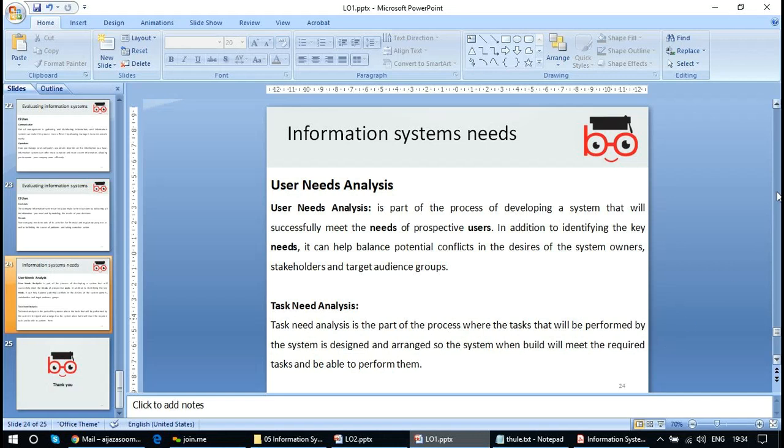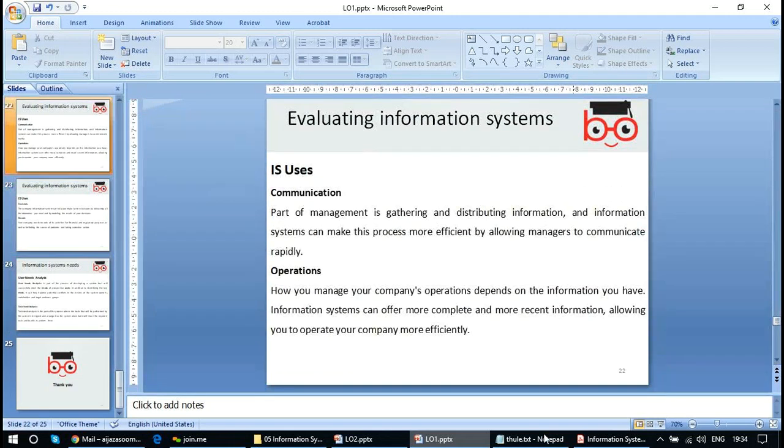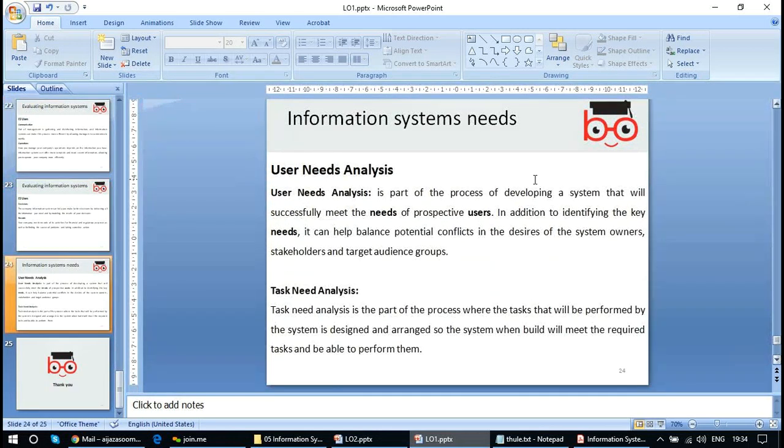However, the evaluation overall, like I explained to you earlier, is that you see how the system is going, and the information needs are related with the requirements.